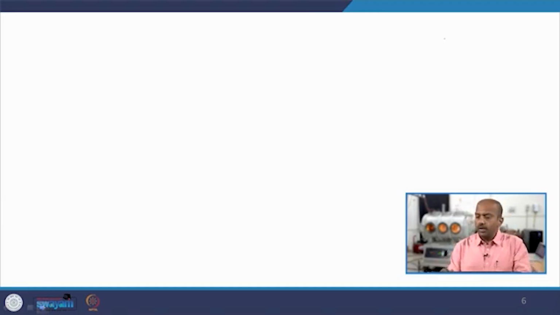Let us say we want to conserve mass. We have to conserve mass when the fluid moves from one place to another place. We have to conserve momentum, right?